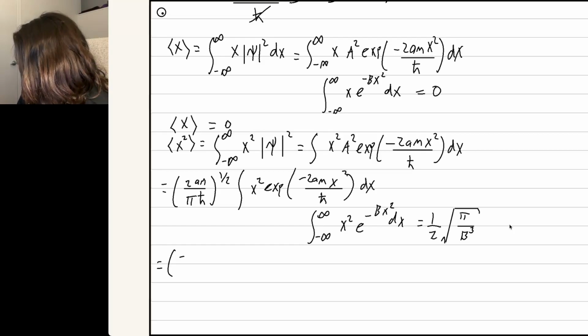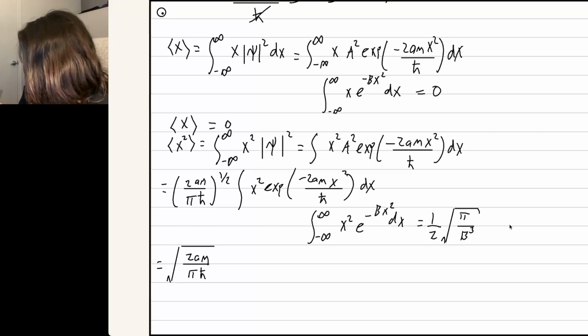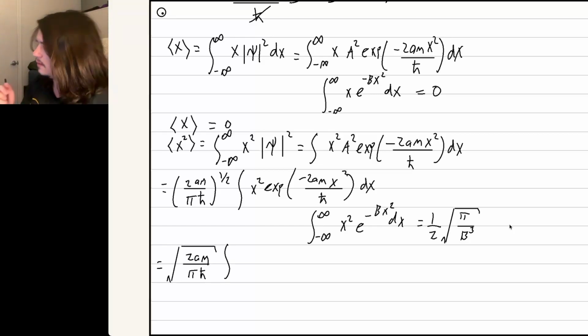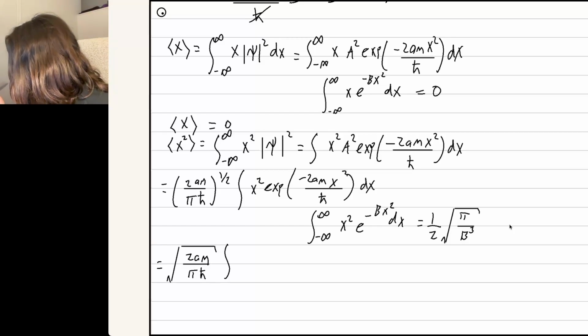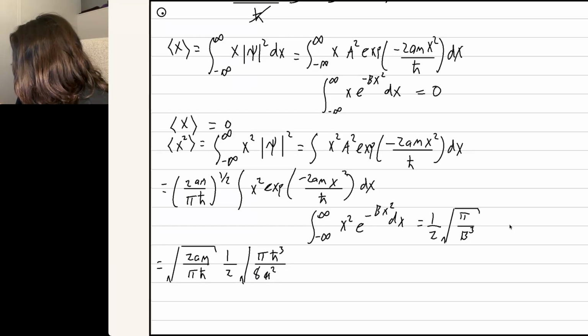So just plugging that into our integral, yep, it's going to be 1/2 square root of pi h bar cubed over 8a squared m squared.